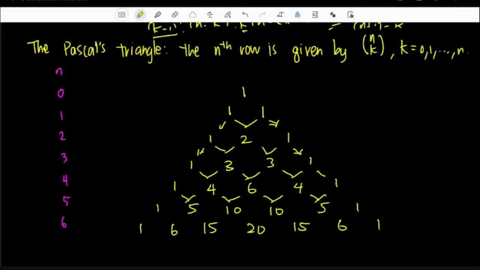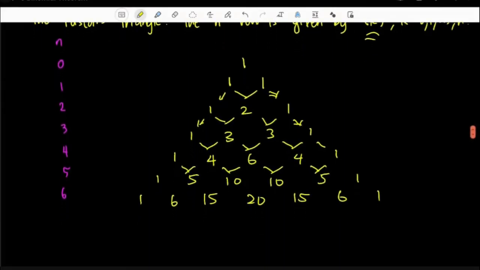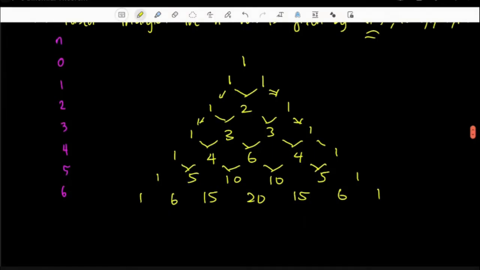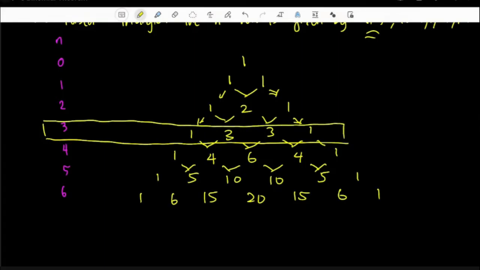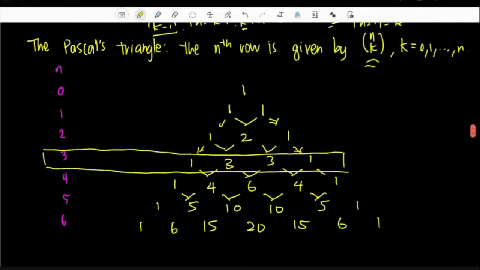But actually, even without the previous triangle or the previous row, you can get each value by this formula, n taken k. So, for example, let's look at this value, n equals 3. All this value can be computed using 3 taken k from 0 up to n.